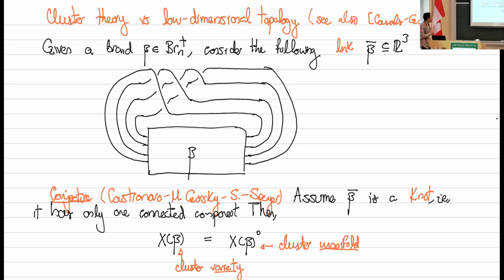A conjecture we have with Marco Castronovo, Mikhail Gorsky, and David Speyer is that if this braid closure is a knot, meaning that it has only one connected component, then the cluster variety is equal to the cluster manifold. So every point is contained in some cluster torus. Okay? The converse is not true.